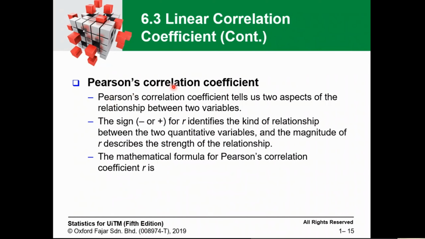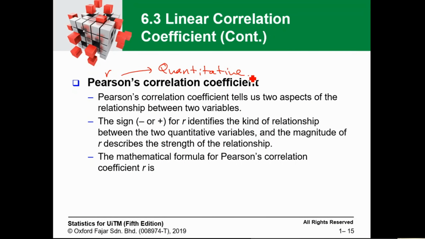So for Pearson correlation, normally we use it for quantitative data. So you have to keep this in your mind. Pearson, let me just write it for you here. So Pearson will be represented by small r, and Pearson will be used for quantitative data.